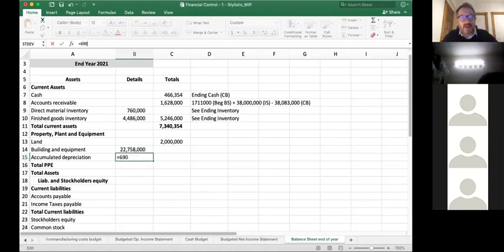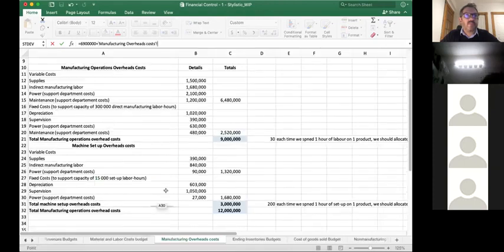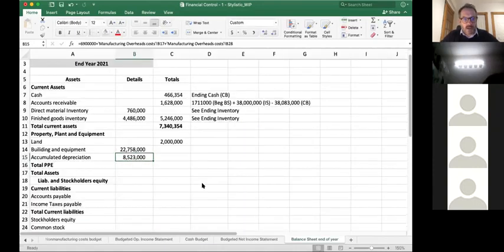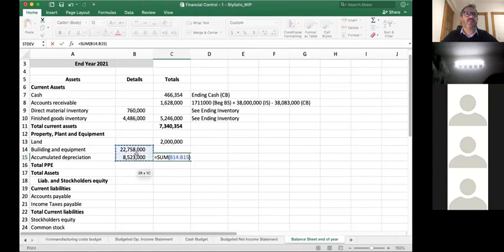So we have 6,900,000 plus 1,020,000 plus 603. So that's correct. So I must have taken a wrong cell in my calculation. Okay. So the accumulated depreciation.